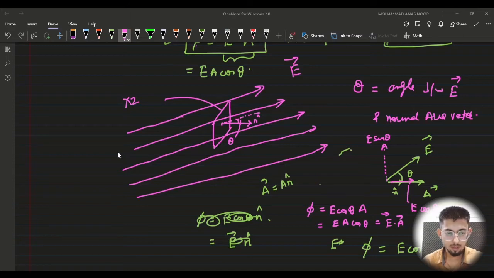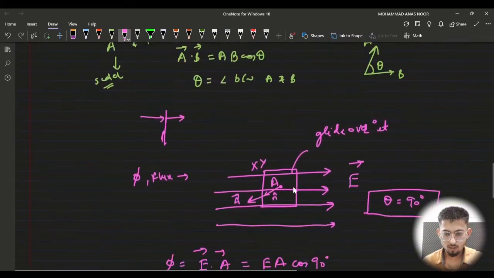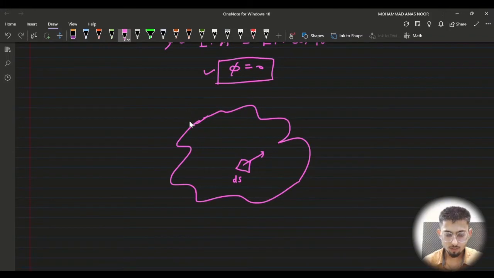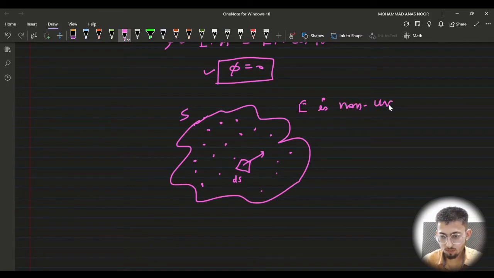So in this case let us consider this is a closed surface S, and on this surface the electric field at every point is different. We have assumed that E is non-uniform here, the magnitude of electric field at any point is different.